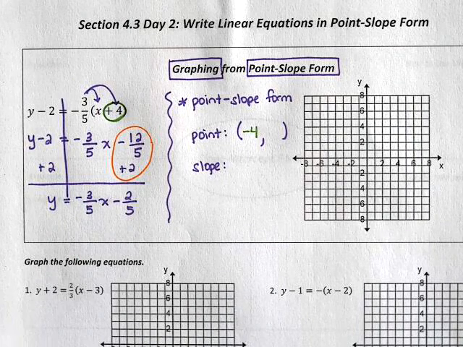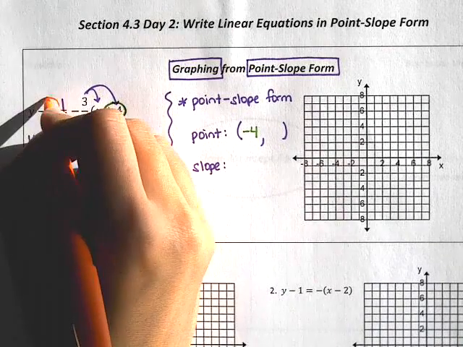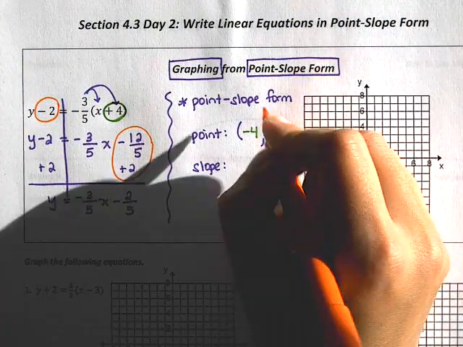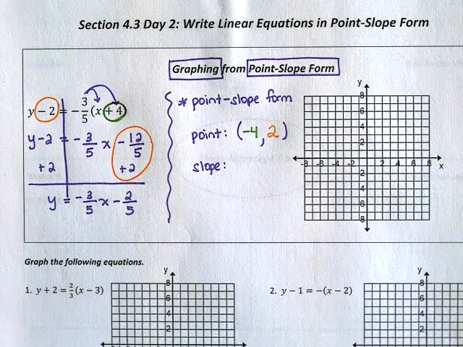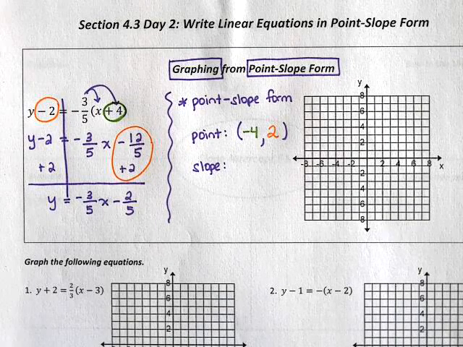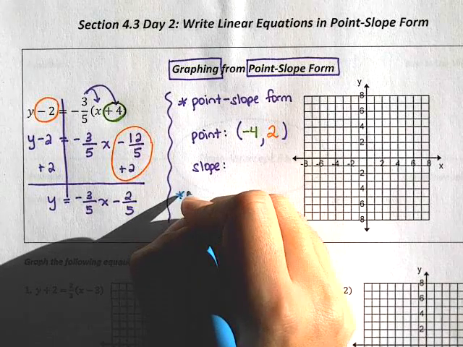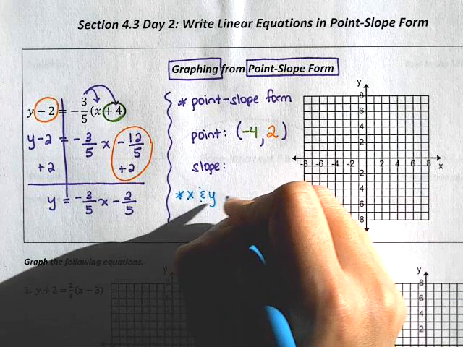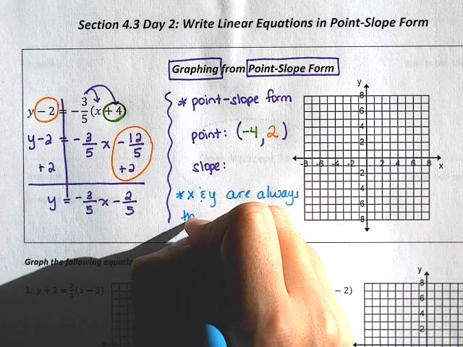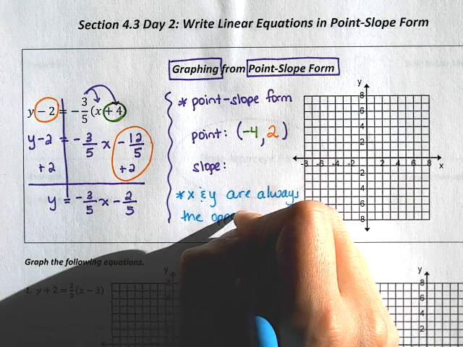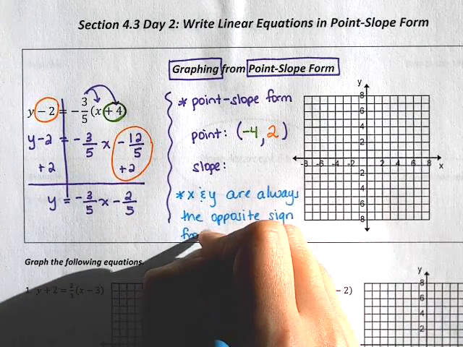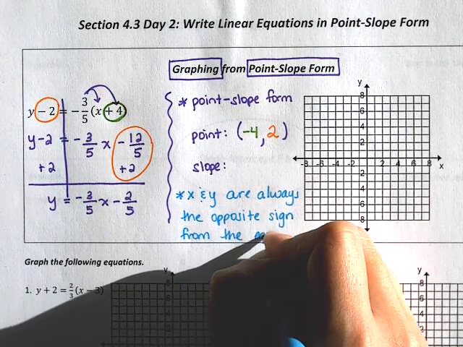Now the same thing happens with the y. The number that's next to the y looks like a negative 2, so I'm going to change that and write down a positive 2. Now let's pause for a second and make a note: x and y are always the opposite sign from the equation.